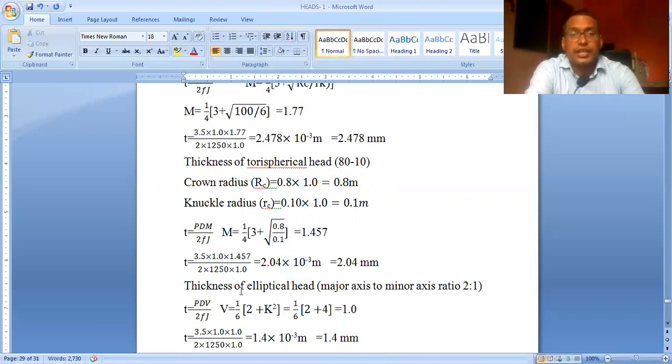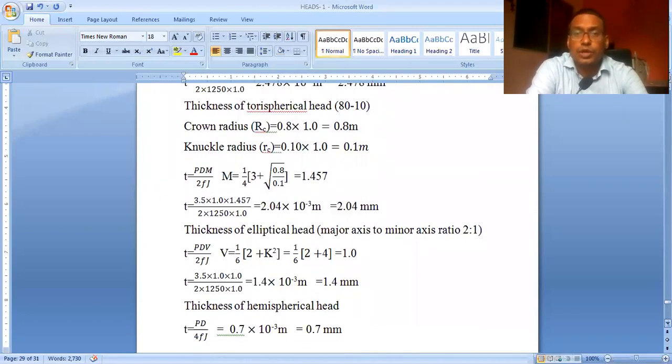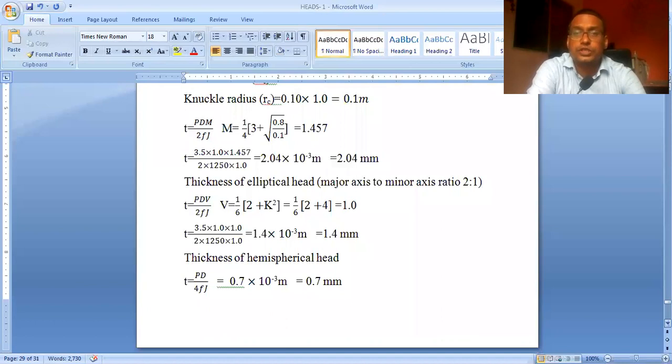Then the thickness of elliptical head. In this case, the major axis to the minor axis ratio is 2:1. In some cases, it is 2.6:1 also.